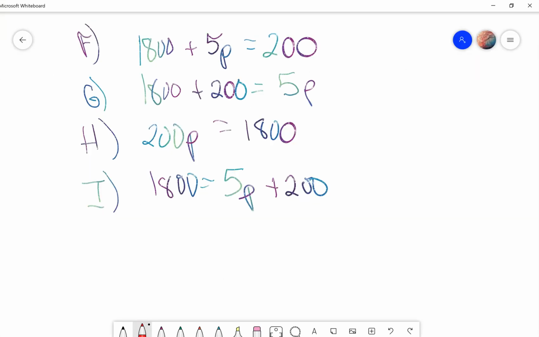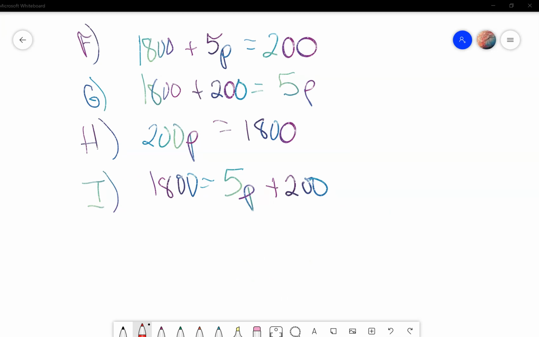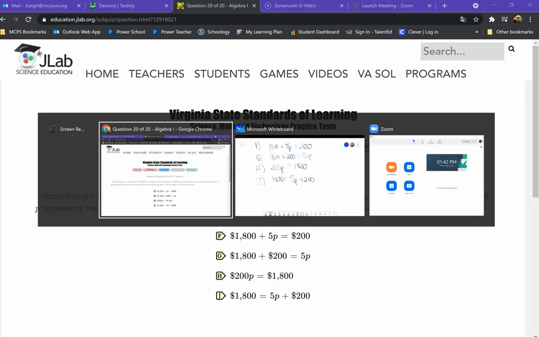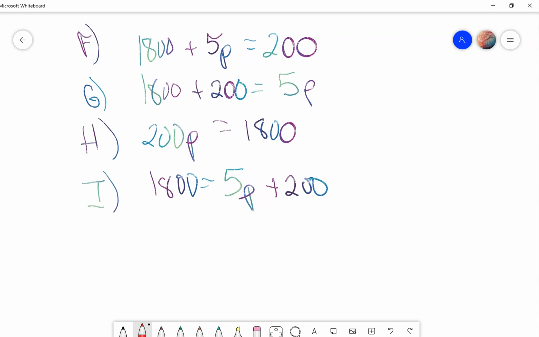All right, so I copied all the answers onto here because I want to logic this out. All right, so he bought a computer for $1,800. That means that after our equal sign is going to be 1,800 because that's his total.